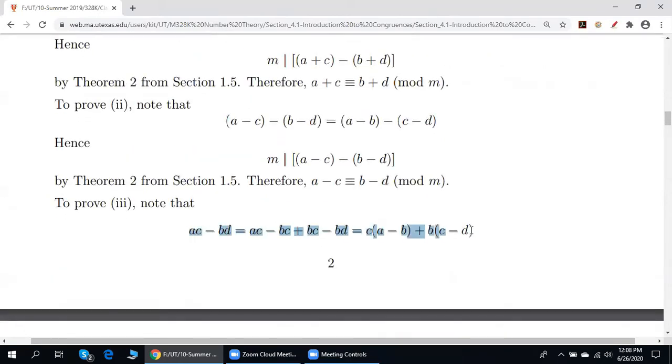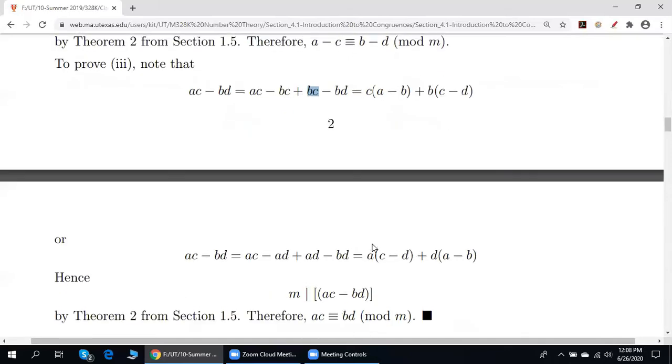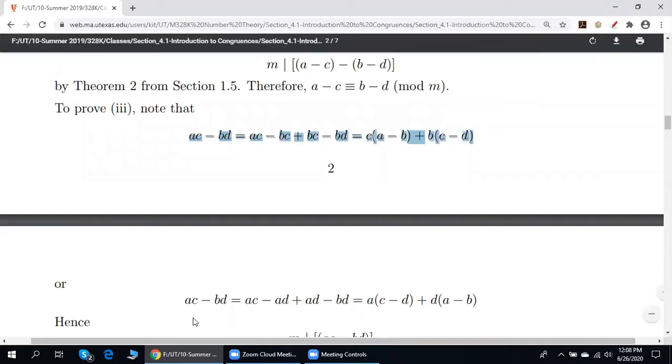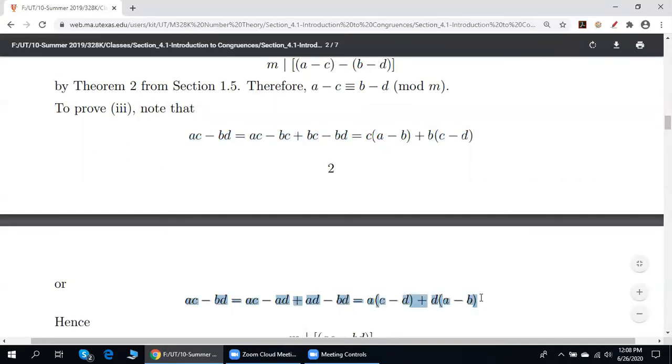In property number 3, we have a little bit different story. There are no parentheses here. What we do is the following. Either we subtract and add BC, or we subtract and add AD. You don't have to do both.